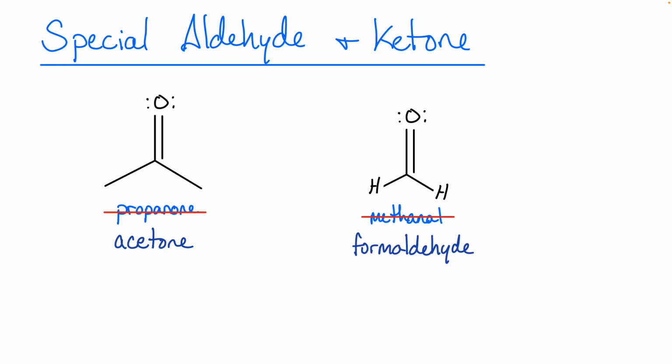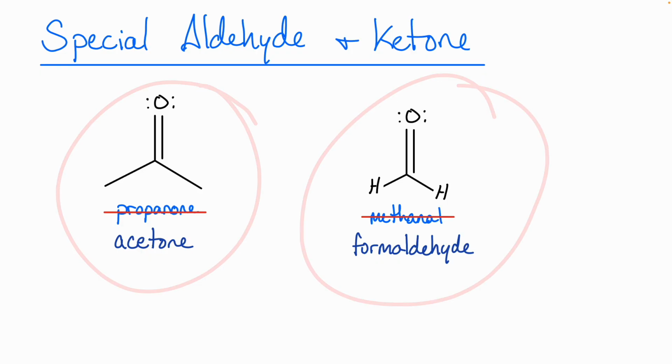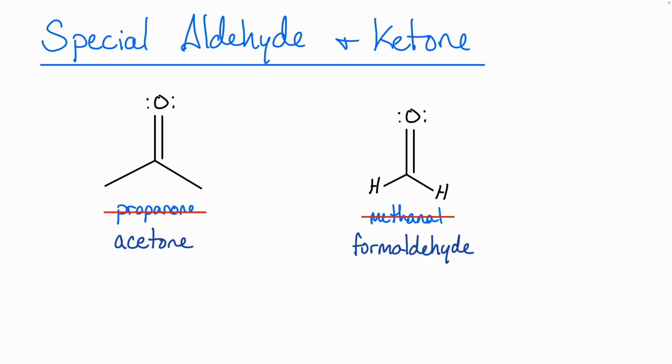All right, so these are two, kind of like how methyl benzene was really toluene, and we just had to know that and be able to recognize it. Same sort of idea here. These ones do not follow our systematic naming laid out by the IUPAC. Their common names have just been adopted as the name of those molecules. So these we just got to be able to recognize.